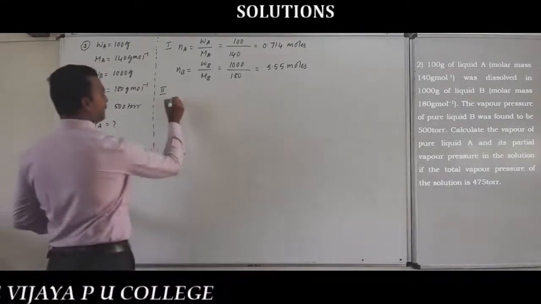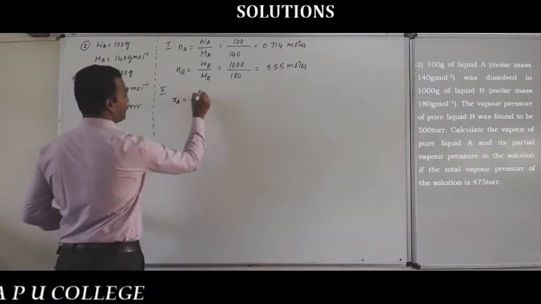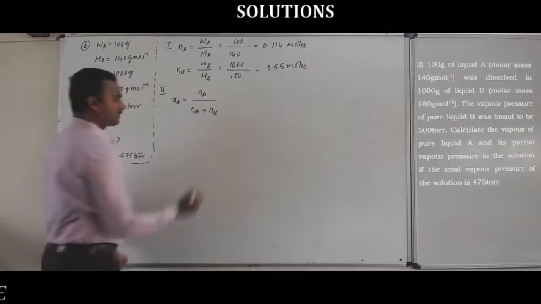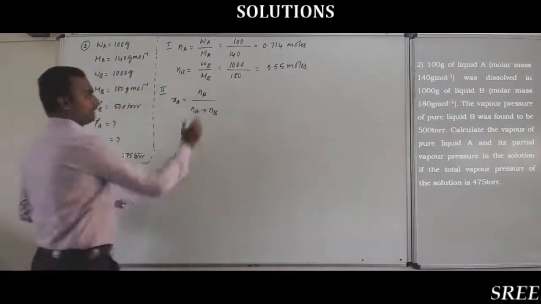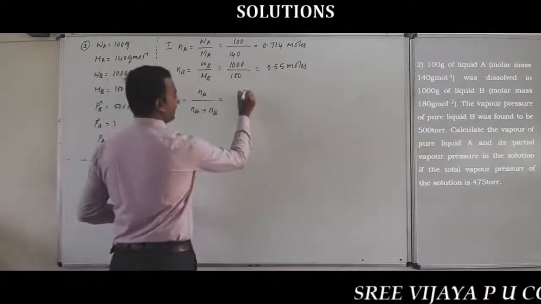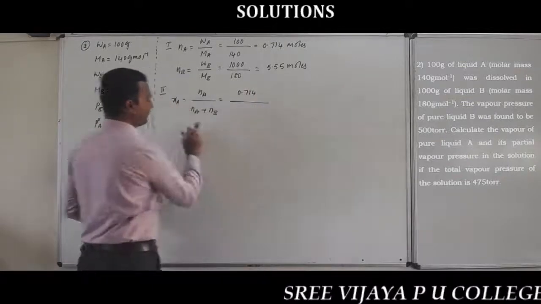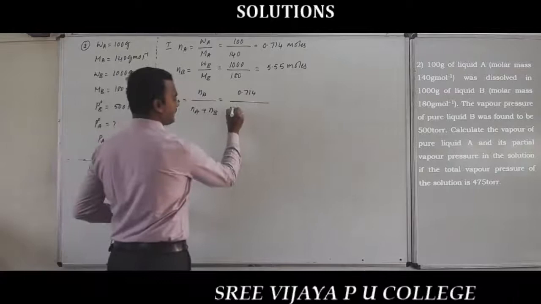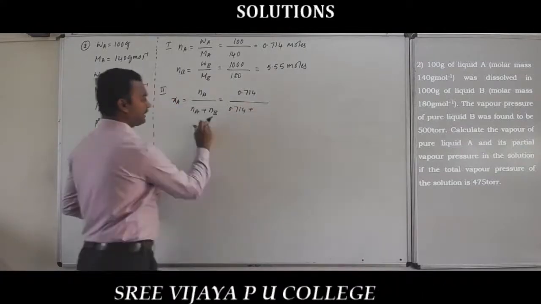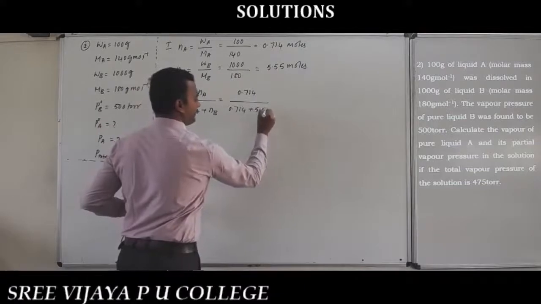Once you know the number of moles, in the second step you can calculate the mole fraction. The mole fraction of component A is equal to number of moles of component A divided by number of moles of component A plus number of moles of component B. So that is 0.714 divided by 0.714 plus 5.55.